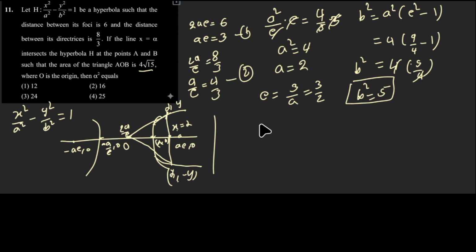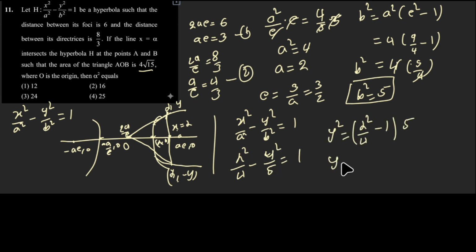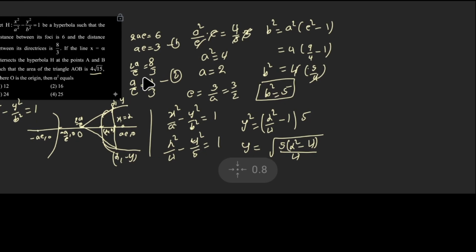Substitute in the hyperbola equation x square by a square minus y square by b square is equal to 1. So alpha square by 4 minus y square by 5 is equal to 1. y is equal to square root of 5 into alpha square minus 4 by 2. That is the y value.